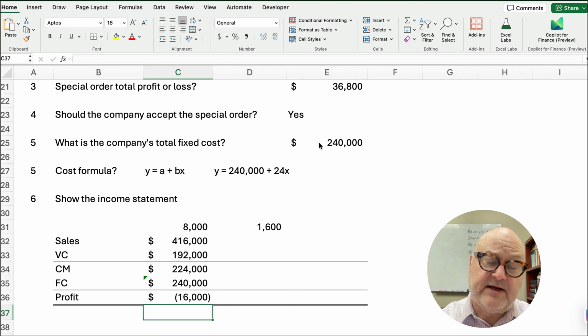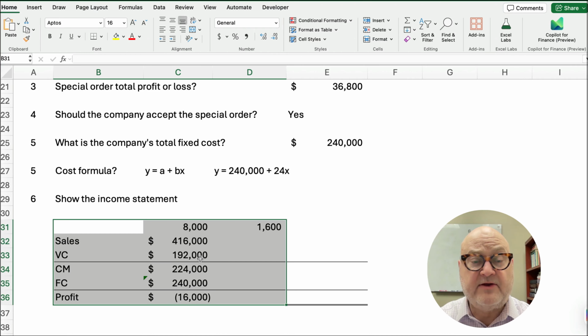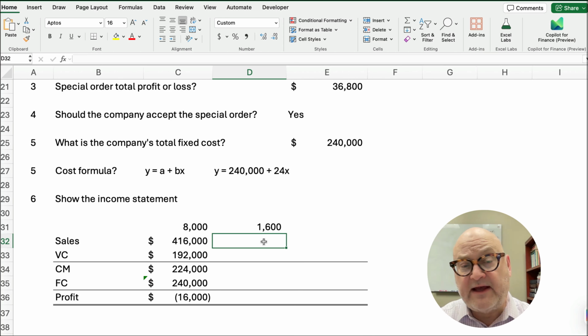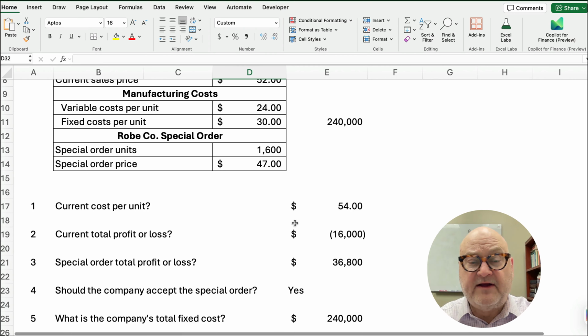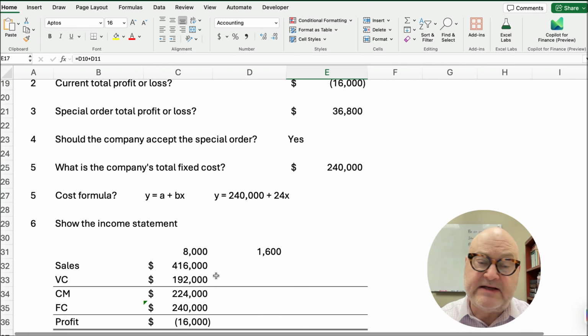So we did it quickly, but we can easily do this in total dollars. Sometimes you're less likely to make a mistake if you do the total dollars rather than doing the per unit. Now, here's where people kind of mess up. They think, well, the first 8,000 cost $54 per unit, so the next one costs 54. It doesn't.